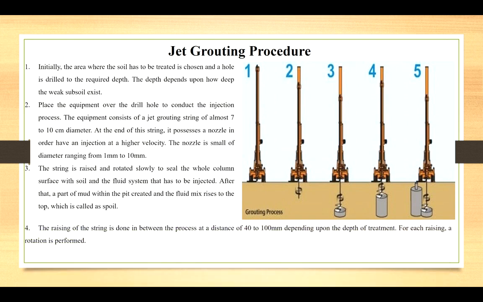In the fourth step, the rising of the string is done in between the pieces at a distance of 40 to 100 mm depending upon the depth of treatment. For each rising, a rotation is performed. In the final step, the speed of rotation of the equipment is kept constant, which helps in giving us a properly refined grouting column.